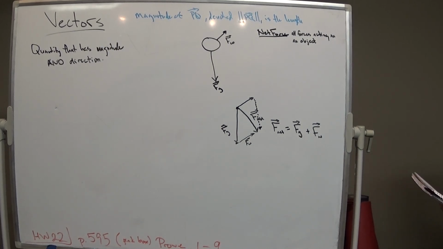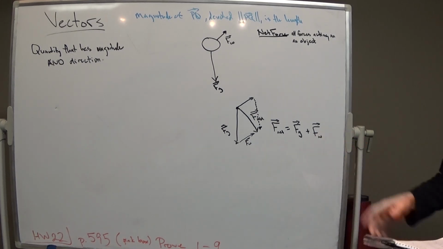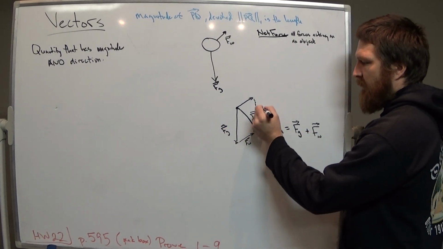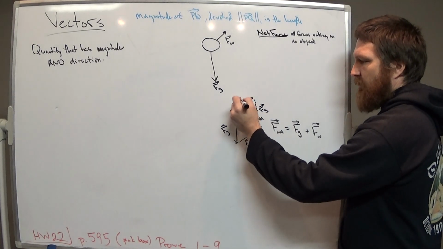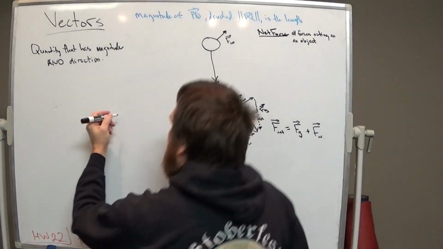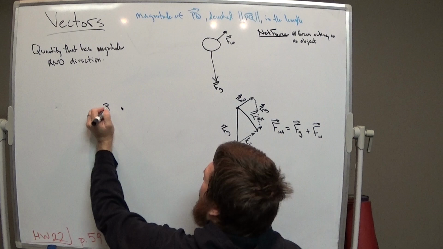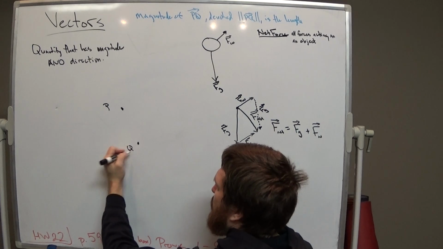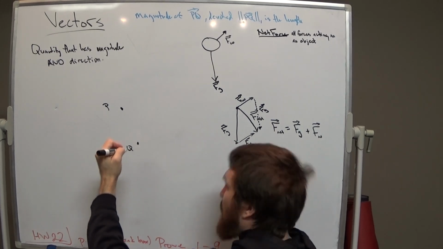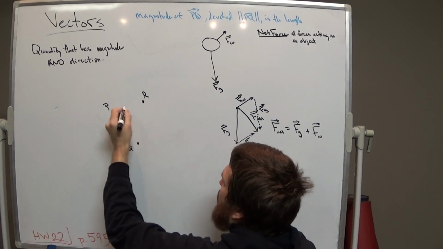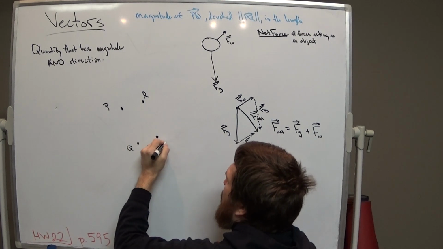Right? And so let's just take a look at this. This is the force of the wind. That's the force of gravity. This is the force of gravity. This is the force of the wind. Now, we could have done this abstractly. We could have said, okay, here's a point P. Here's a point Q. Here's a point R. Here's a point S. Right there.